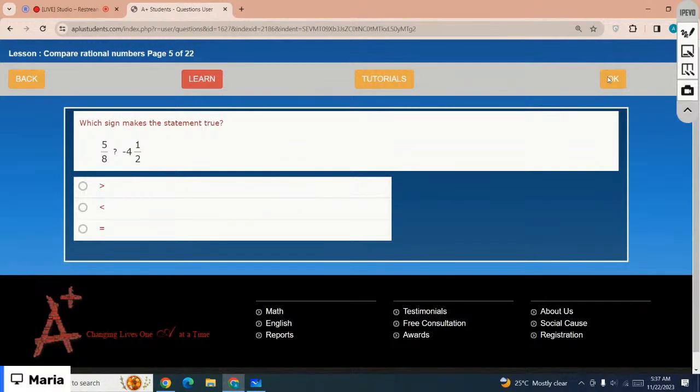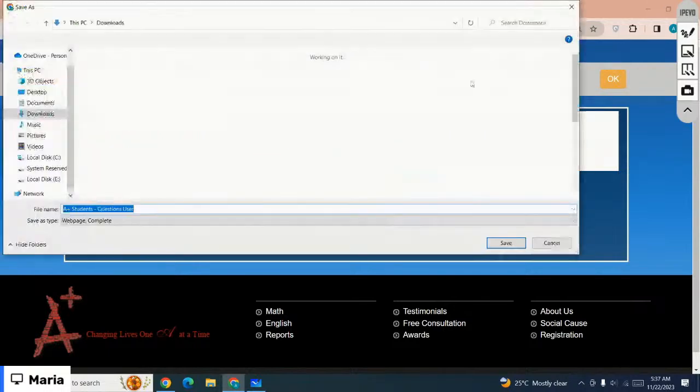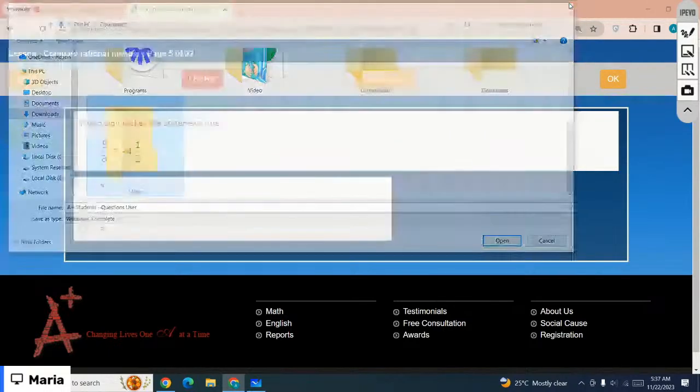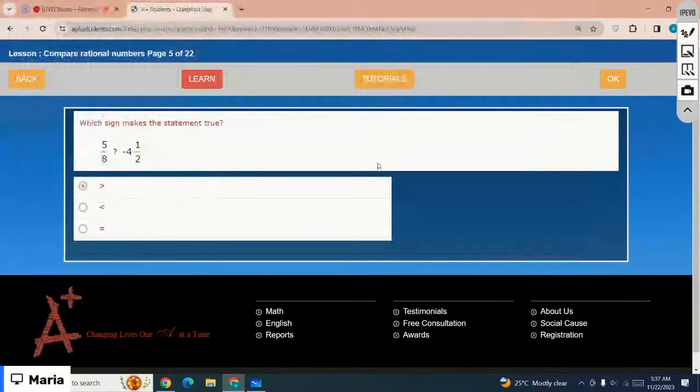Which is the correct option? Obviously, a positive number is greater than a negative number, right? So 5 by 8 is greater than negative 4 whole 1 over 2.